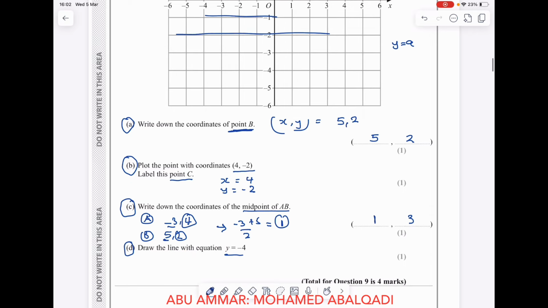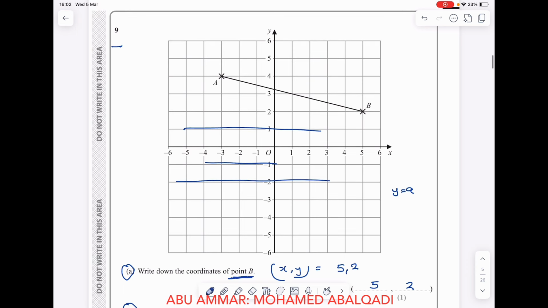So where we are asked to draw the line with equation y = -4, we need to go to our horizontal line with y coordinate -4 and draw our line there. We need to draw a straight line there with a ruler. So this is our equation y = -4.